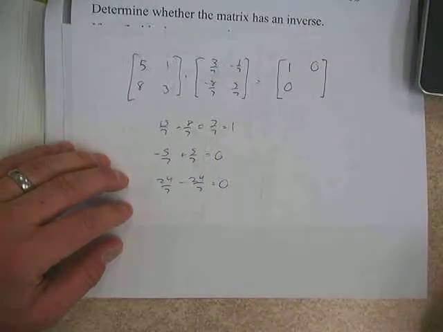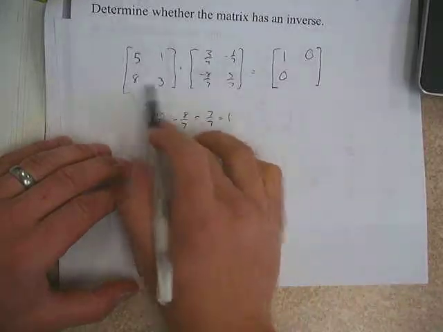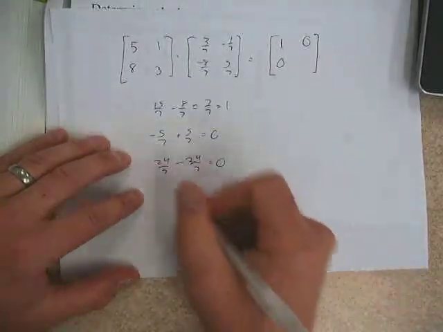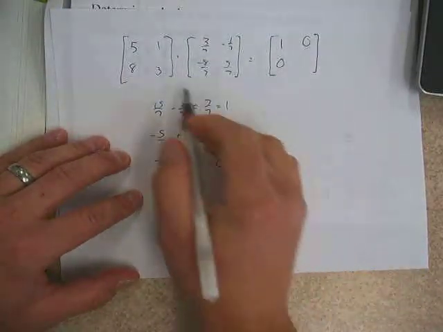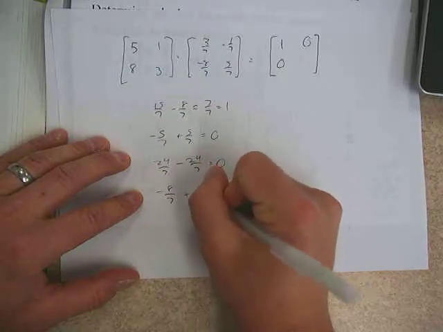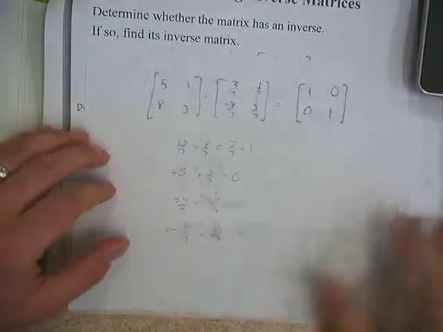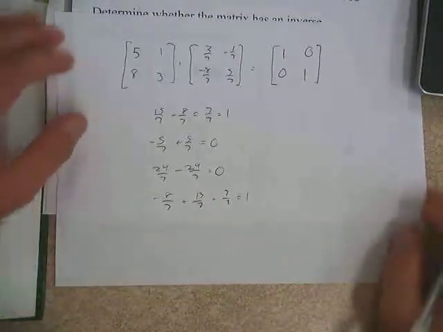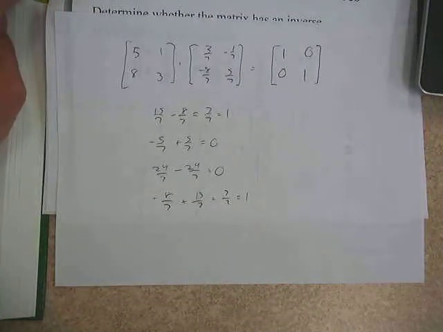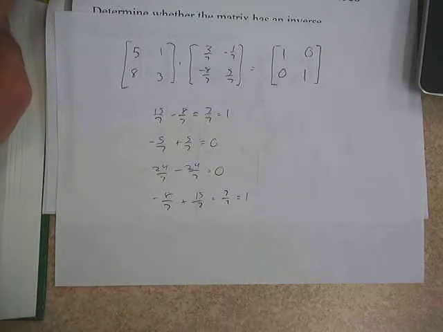Second row, first column, we got 24/7 and negative 24/7, which gives me 0. And then finally, last row, last column, negative 8/7 and 15/7, which again is 7/7, which of course equals 1. Alright, so we do in fact get the identity.